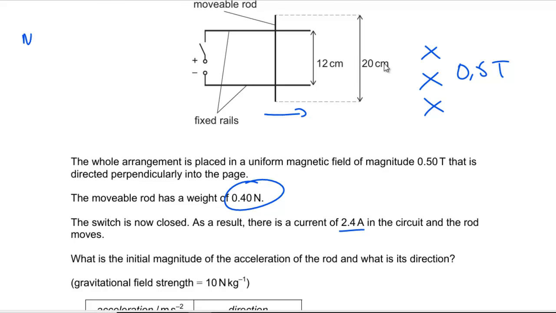And then we've got our mass times our acceleration is going to be our BIL. So a half times 2.4 times 0.12. And the mass is equal to 0.4 over 10.